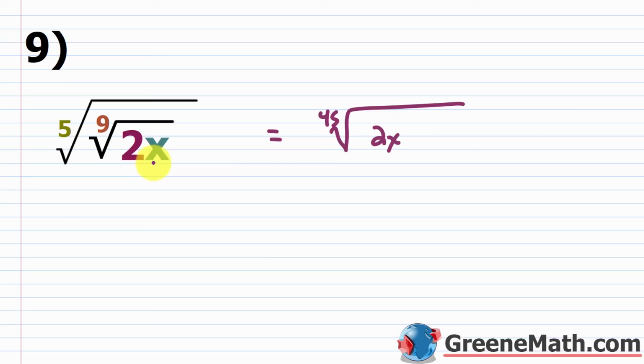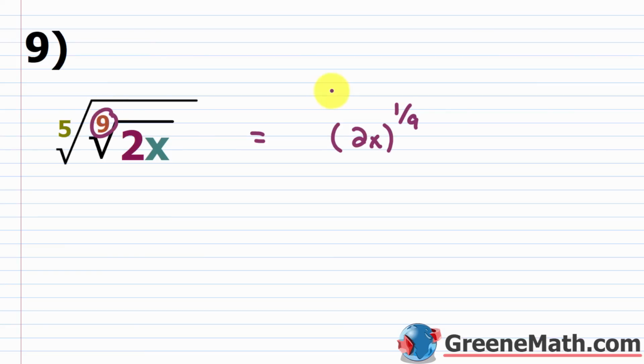But if you look at this guy, again, in exponential form, I think that's where it makes more sense. So let's say I started out with the 9th root of 2x. How would we do that? You put 2x inside some parentheses. Let's raise it to the 1/9 power. So 1 over whatever the index is. The index is a 9. And then let me go ahead and raise this to the power of 1 over 5. Again, 1 over whatever the index is. The index here is 5.